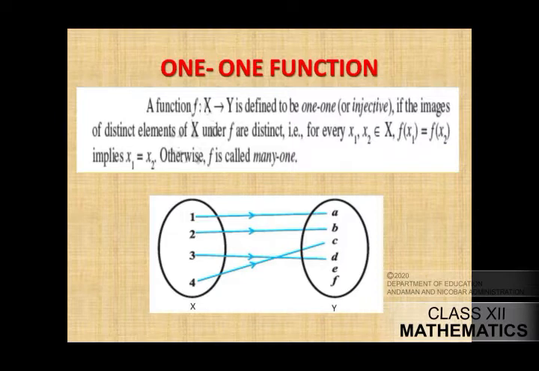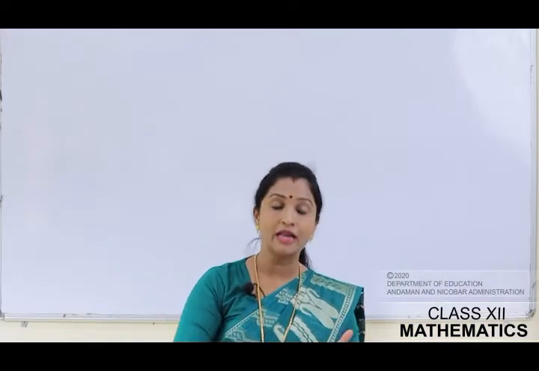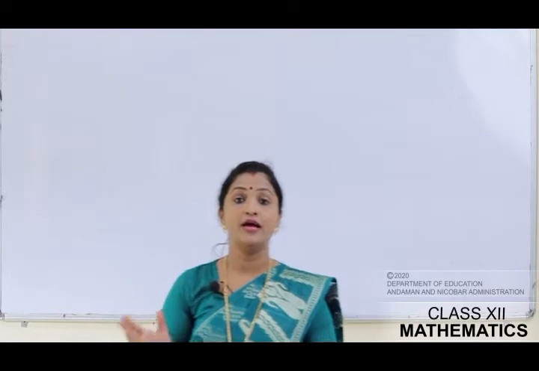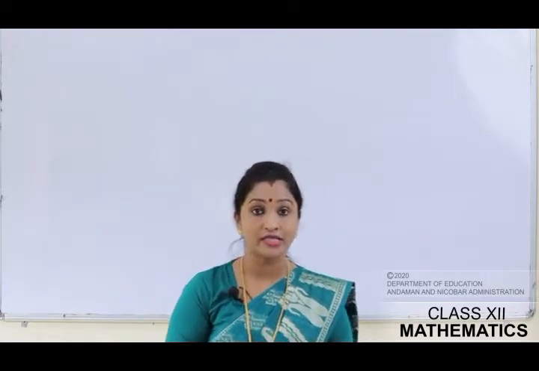That means each and every element of x has got a distinct image. So when you are getting a condition like this in which the first set has got distinct images, that means all the elements of the first set will be having distinct images in the second set, then you can say that function is one-to-one.